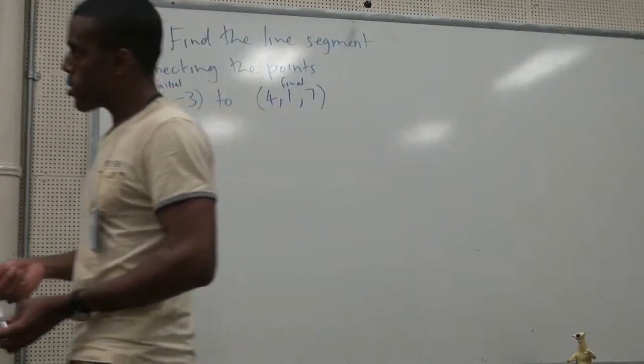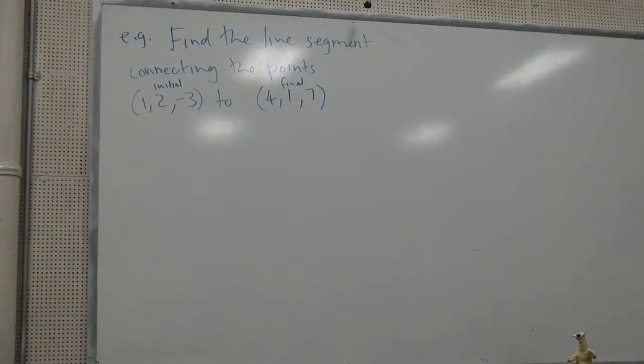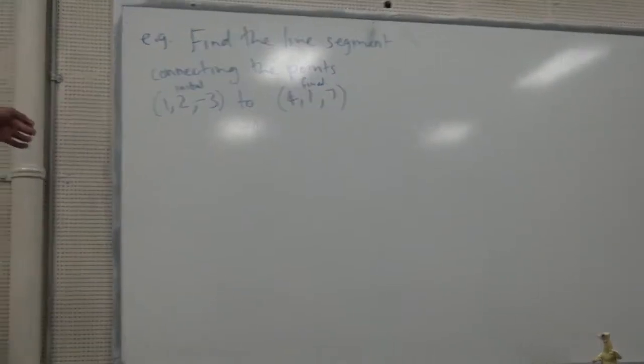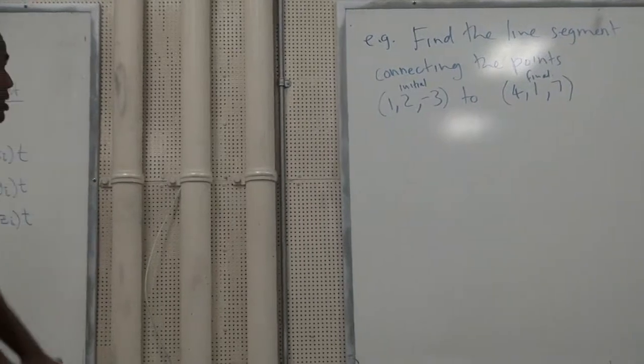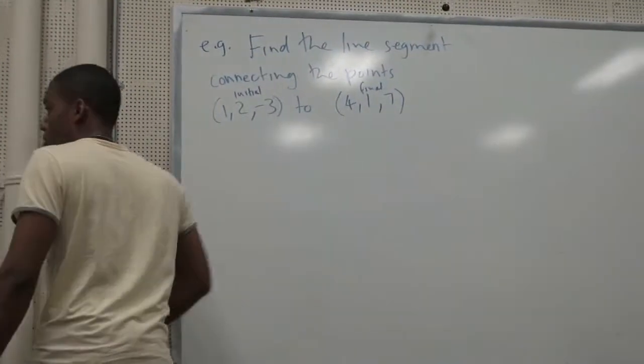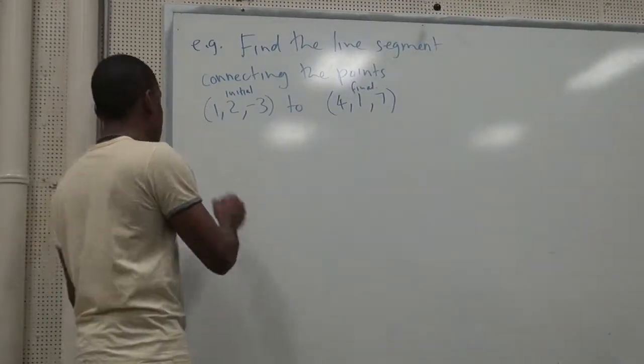I guess I should probably show you both ways. The idea is that these are points, but we're going to think of them as position vectors, right? So if I want to use the first one, the formula in the book, how would it look?